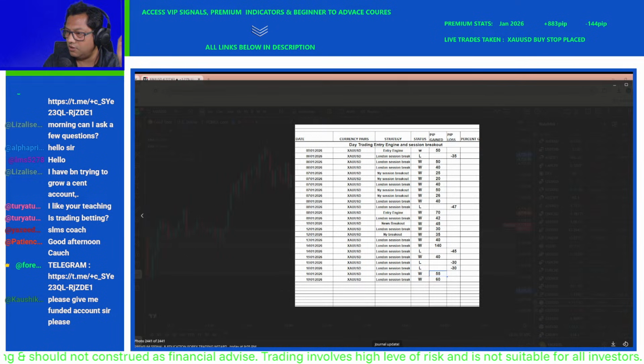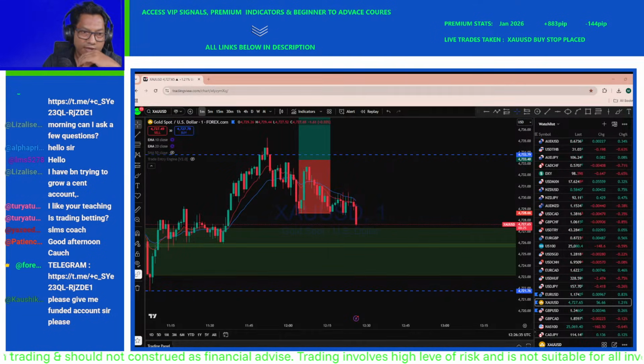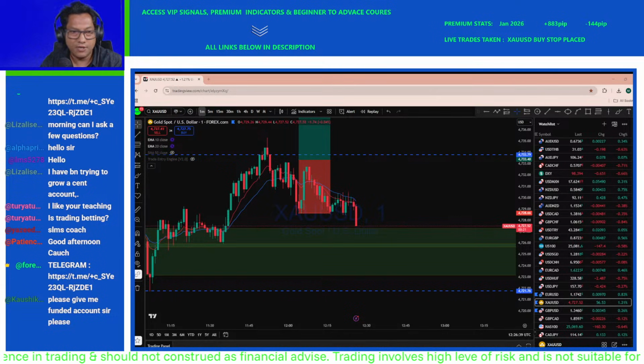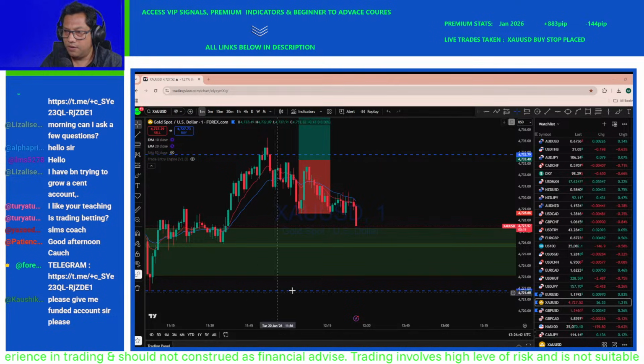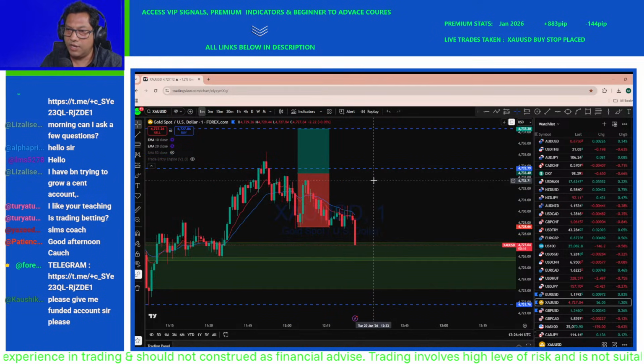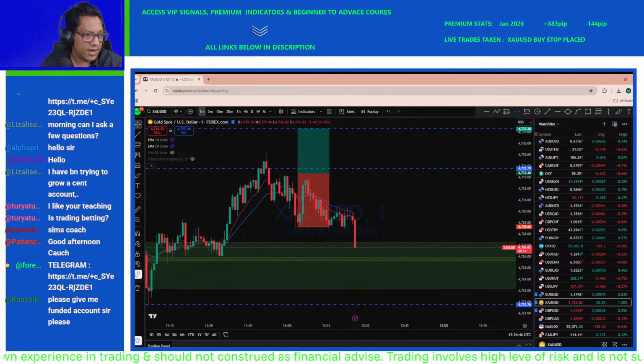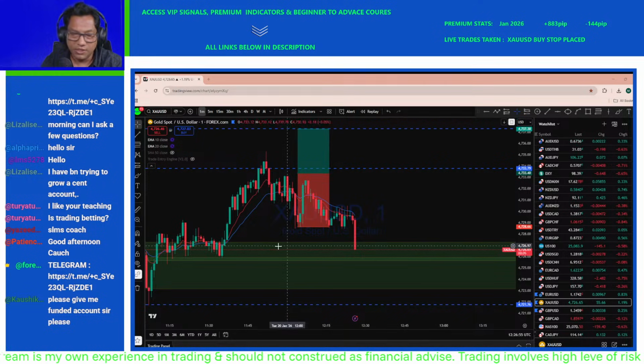20th of January. Now we see the market is slowly breaking below in that area, and okay, now as the market has reached that level, we will not be looking at this pending order.